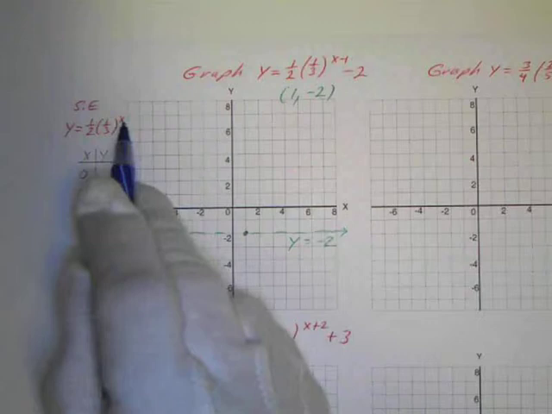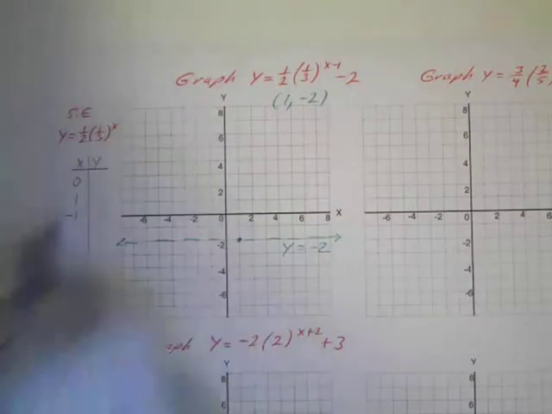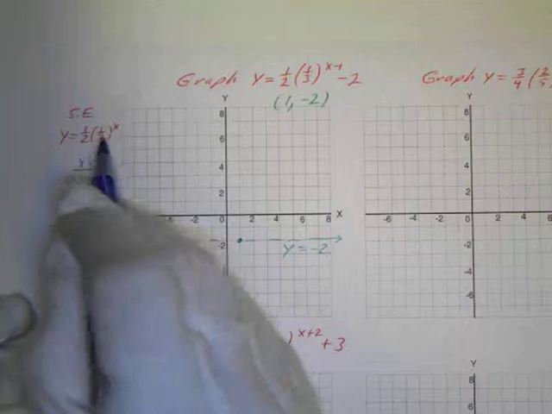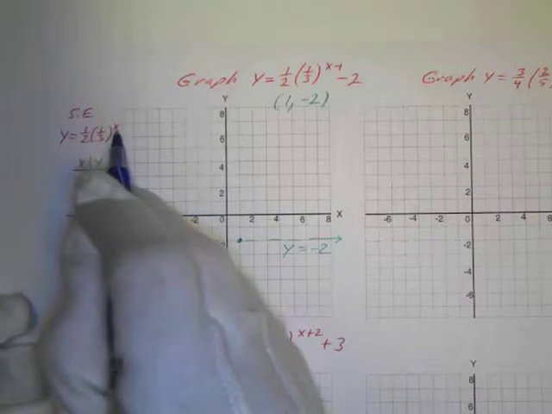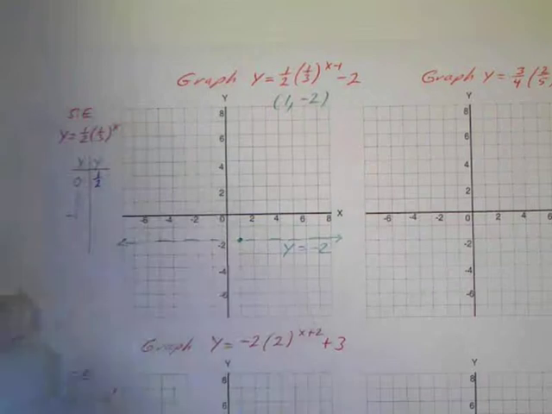So when x is 0, 1/3 to the 0 is 1. I'm sorry. 1/3 to the 0 is 1, and 1/2 of 1 is 1/2. Okay, there you go.